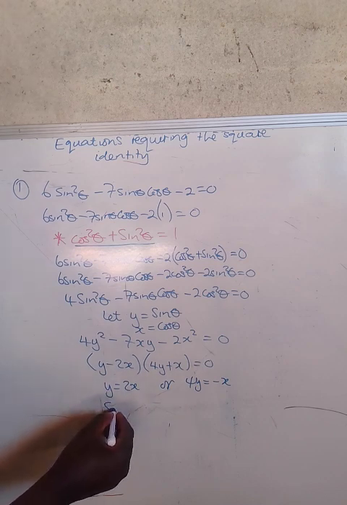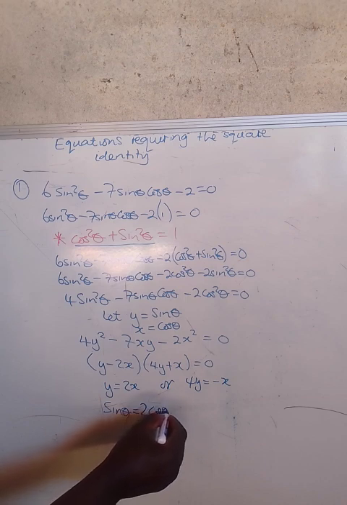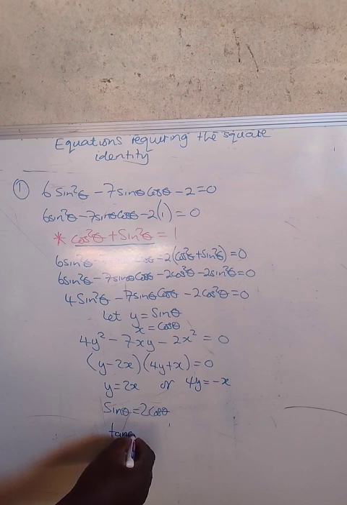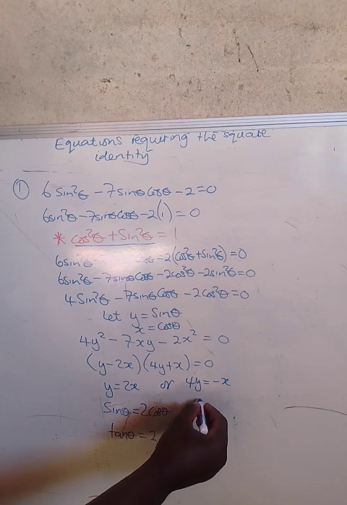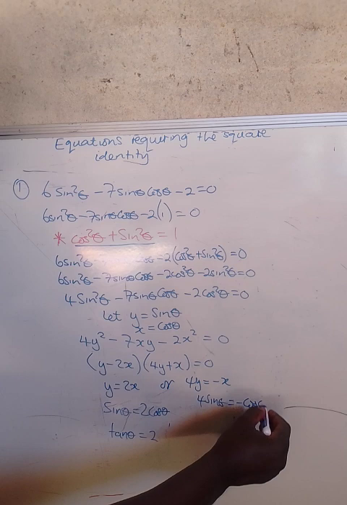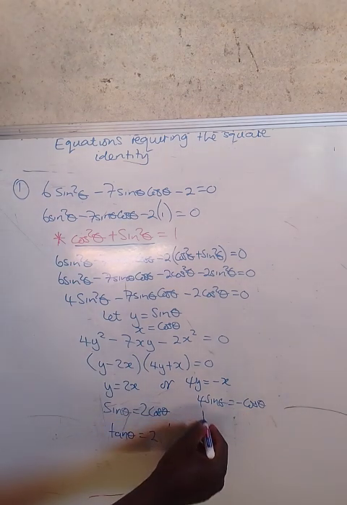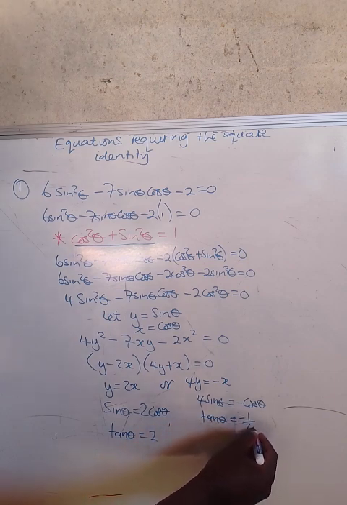Y is sine theta, so sine theta is equal to 2 cos theta. We divide by cos on both sides, and this side we have tan theta is equal to 2. Then this side we have 4 sine theta is equal to minus cos theta. Divide by 4 and by cos on both sides, and we have tan theta is equal to minus 1 over 4.